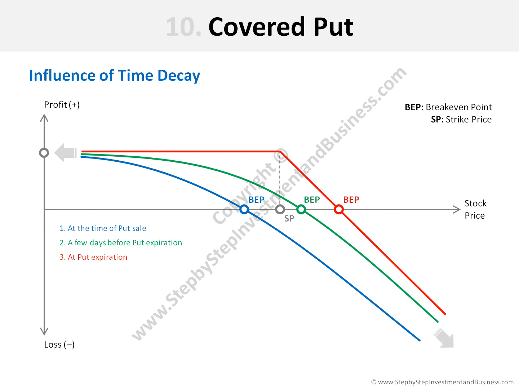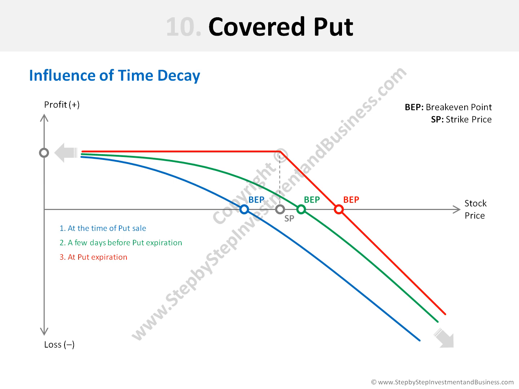The blue curve indicates the profits and losses at the time of put sale. As we get closer to put expiration, the curve of profits and losses is like the one shown in green. And finally, at put expiration, the curve of profits and losses is the one shown in red.